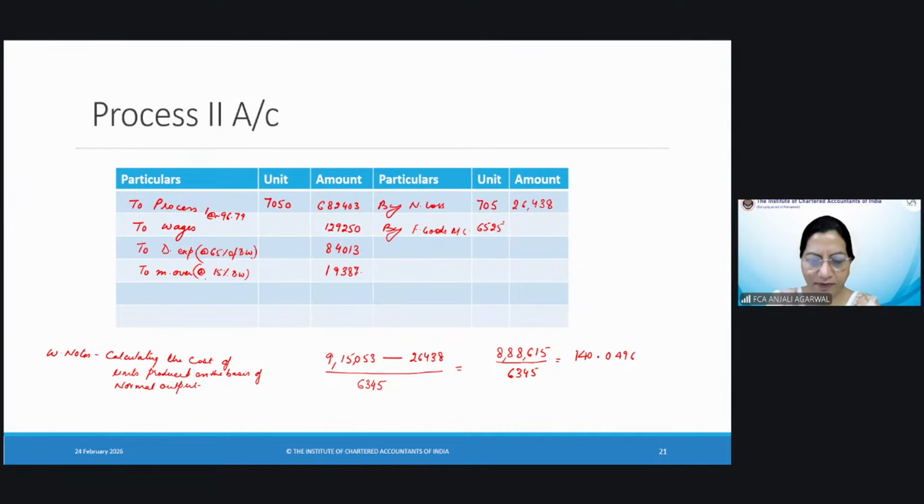So when this figure will be multiplied by 6525, you will get the price here, 9,13,824. But it is at the rate of approximately 140.049 or 05.